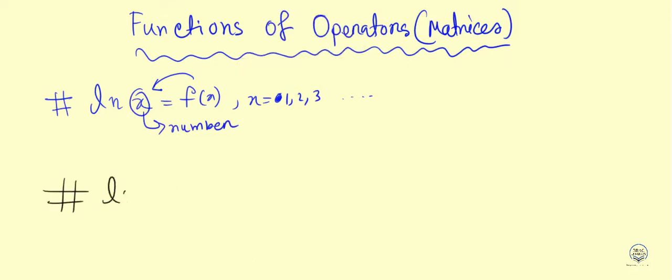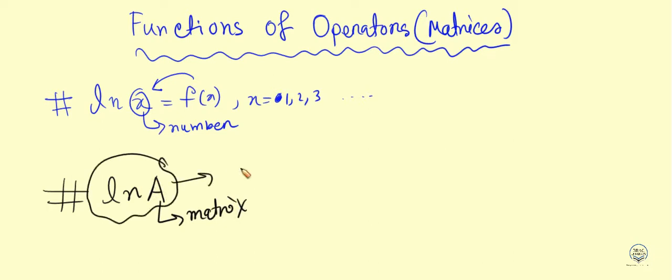What if we take a function that is taking an argument that is a matrix, where A is a matrix. So these are the type of stuff that we are calling function of matrices.